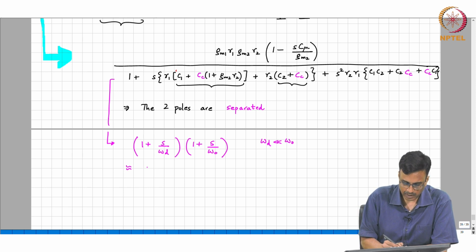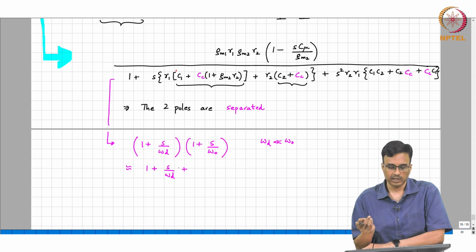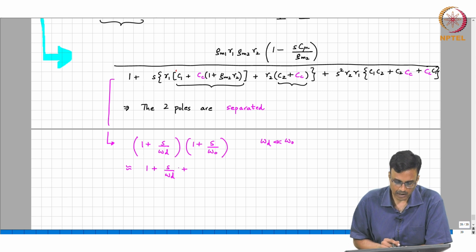So this is approximately equal to 1 plus S over omega d plus, what are the two S terms? S by omega d plus S by omega naught, okay, and S square by omega d omega naught, okay.